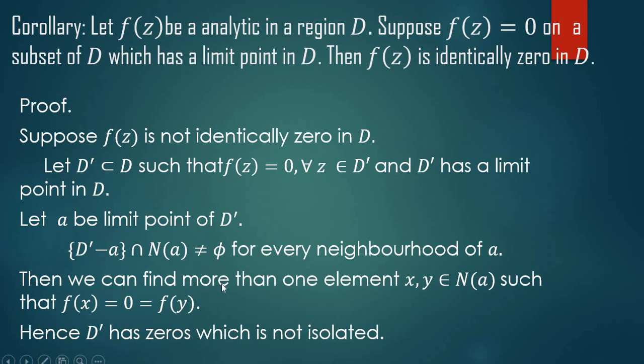From this we can find more than one element of D dash belonging to N(a). Hence D dash has a zero which is not isolated. By using the previous result, we get a contradiction. So f(z) is identically 0 in D.